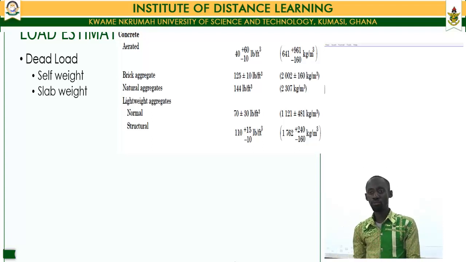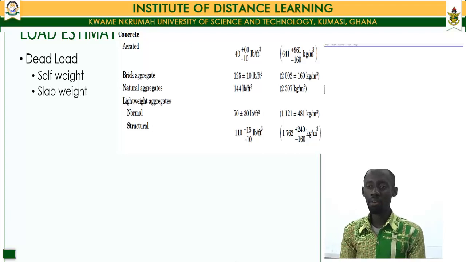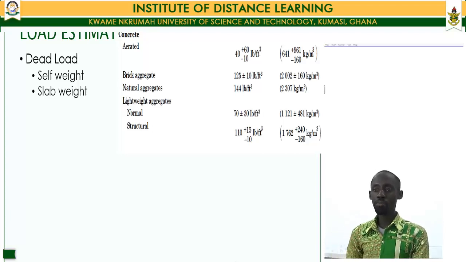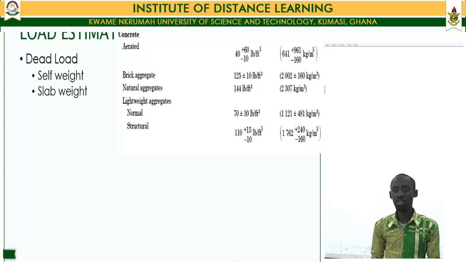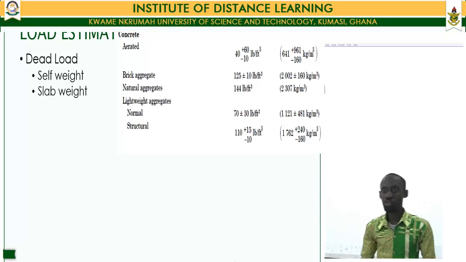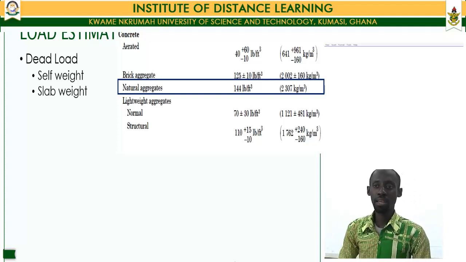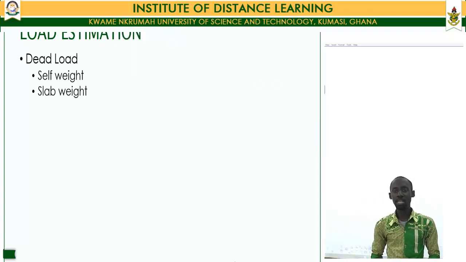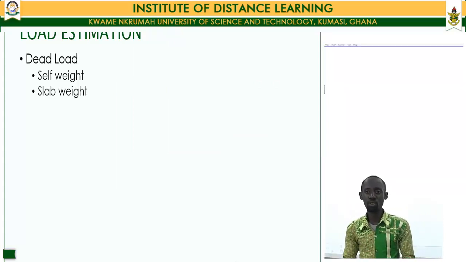As we saw during the design of the slabs, our concrete is normally prepared using granite aggregate, which is a natural aggregate. So in picking our density values, we'll pick the density values for the natural aggregate. Having picked our density value, we now move ahead to use that density to determine the self-weight of the beam.